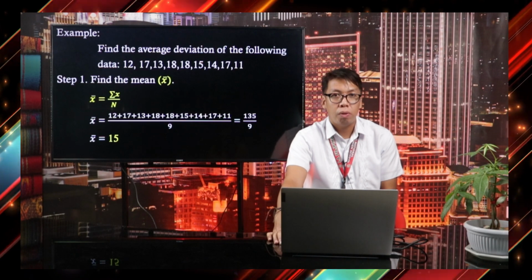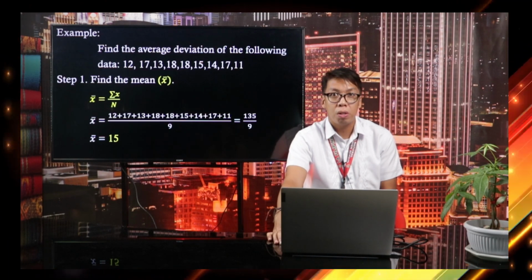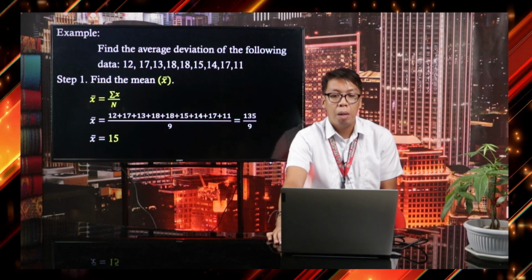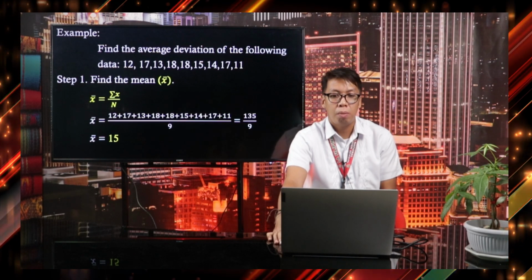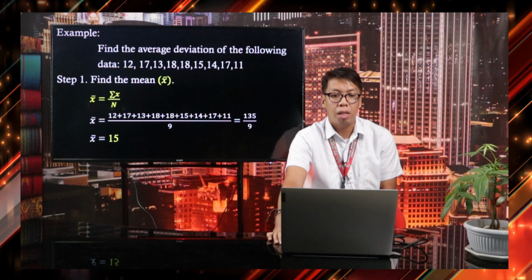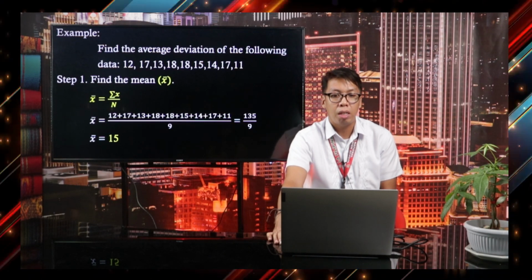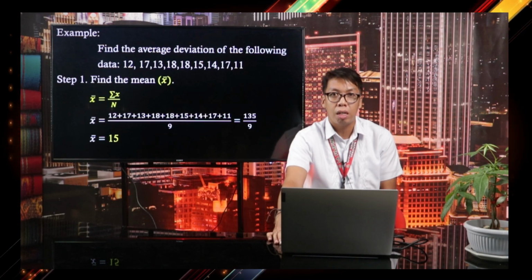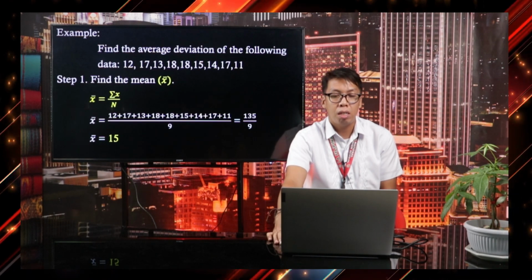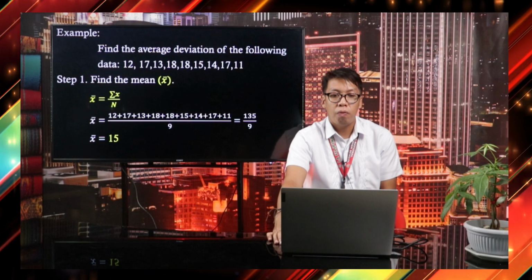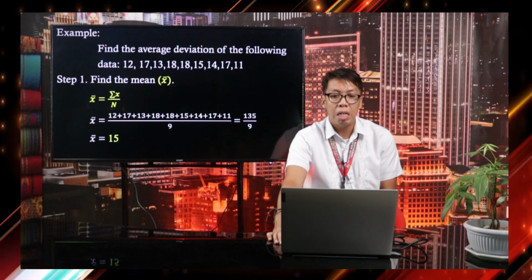Add 12 plus 17 plus 13 plus 18 plus 18 plus 15 plus 14 plus 17 plus 11 divided by the number of scores, which is 9. 135 divided by 9 is equal to 15. 15 now is our mean.